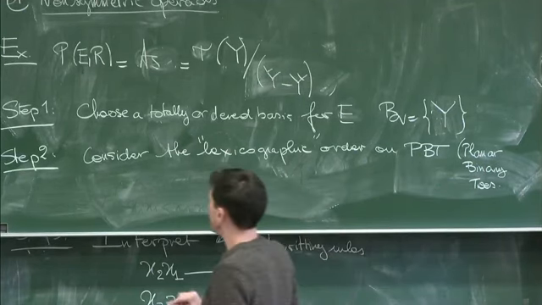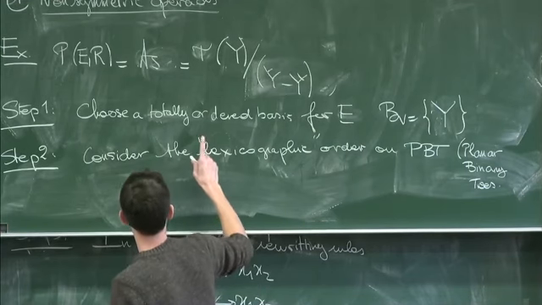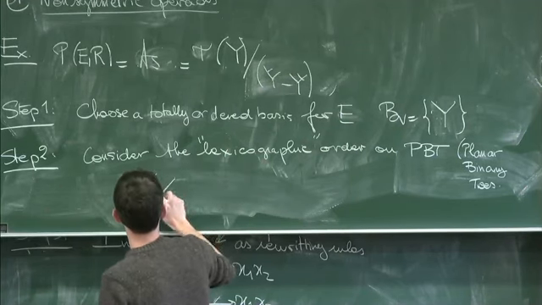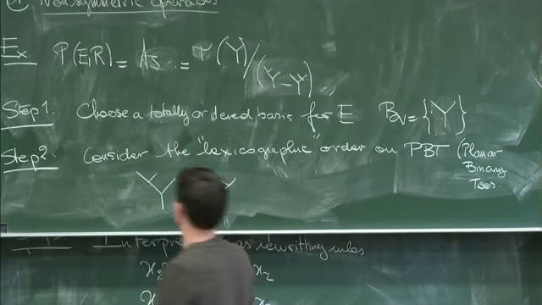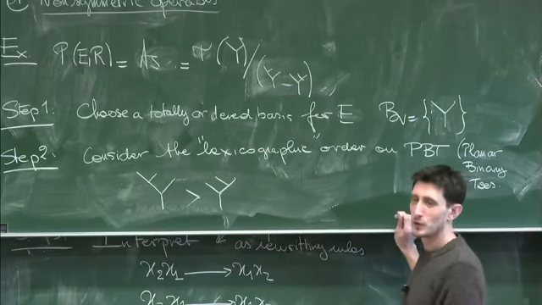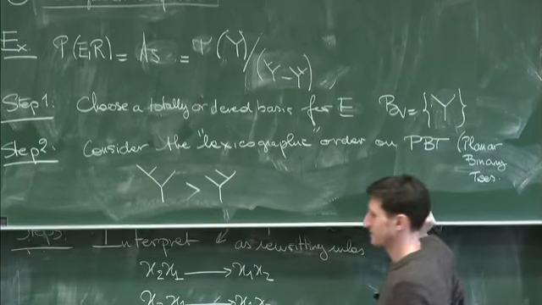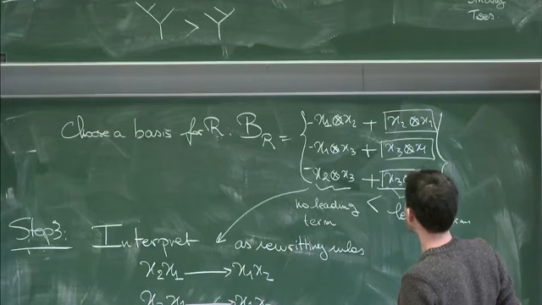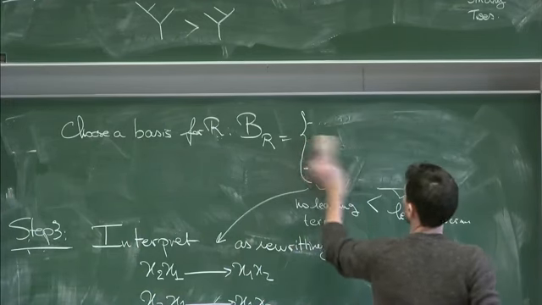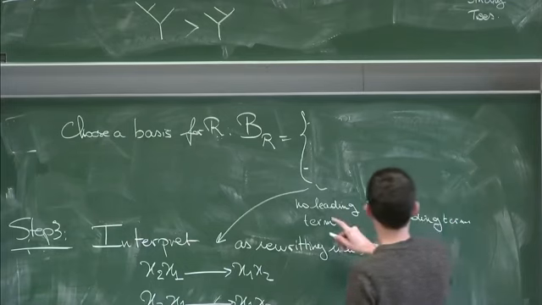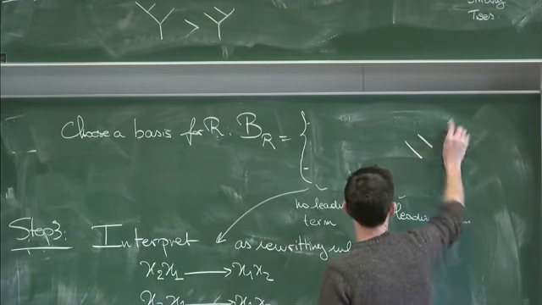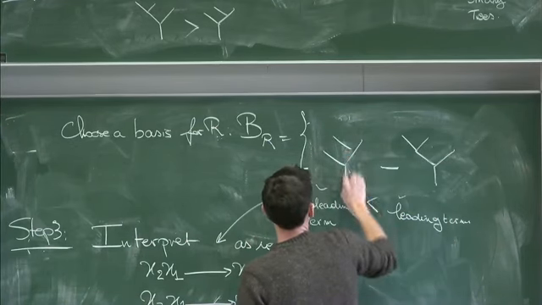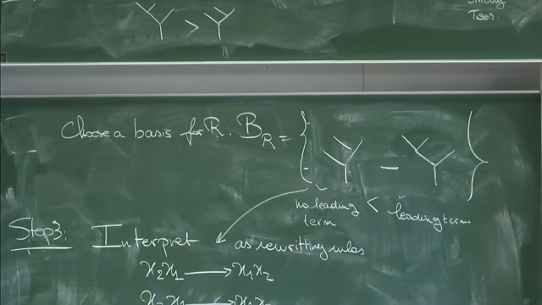Okay, I will not give you the full definition, but what I need to order is the space of trees with so far 2 vertices. So let me decide that this one is greater than that one. Yeah, you have 2 elements. Which one? This is not a big deal. Then choose the basis R for the space of relations, again such that we have the leading term here and no leading term on the left-hand side.